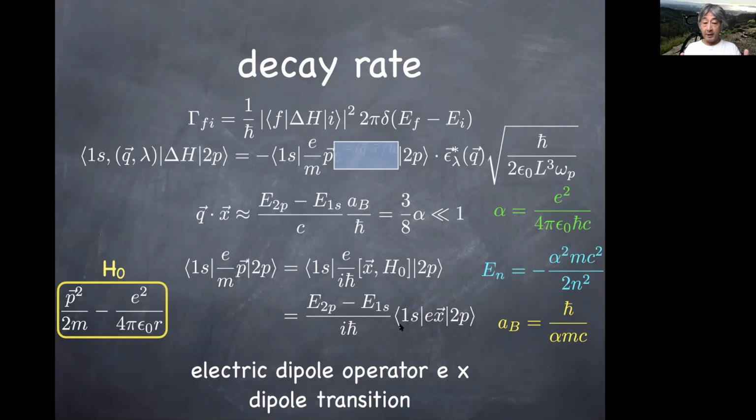Then you stick that into the formula for Fermi's golden rule, and sum over the final states, over all possible momenta of the photons and all possible polarization states of the photons. Then you can compute the decay rate of the 2p state to whatever state it would end up with.